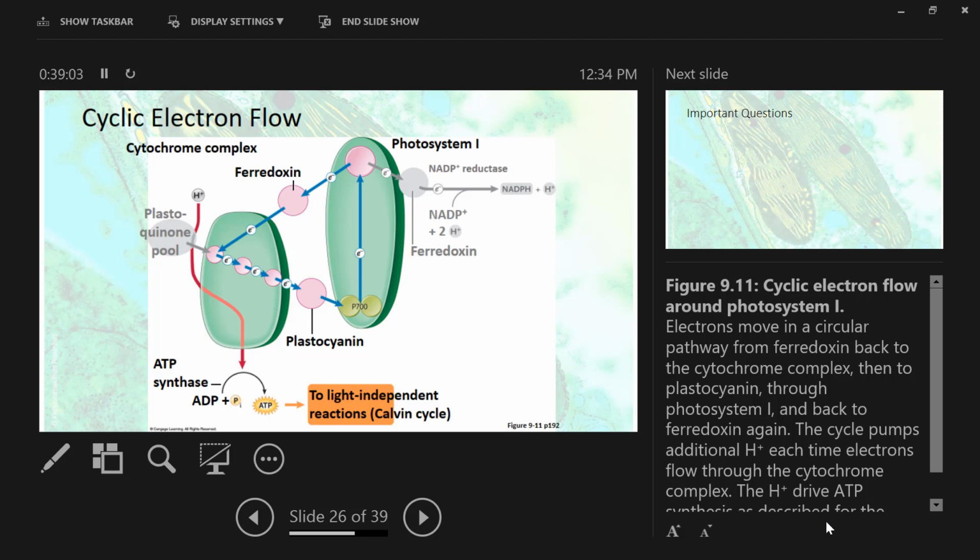So the electrons will go to ferredoxin, then back to this cytochrome complex, which will pump hydrogen ions against their concentration gradient, and that facilitates making ATP. But you can't actually make sugar. Without water, the plant can't make sugar, but it can keep making ATP and fuel what processes it needs to until it can get water again.